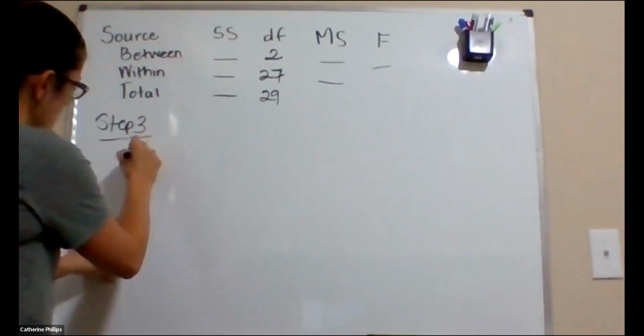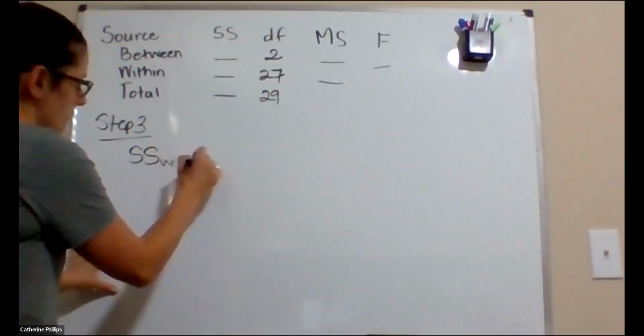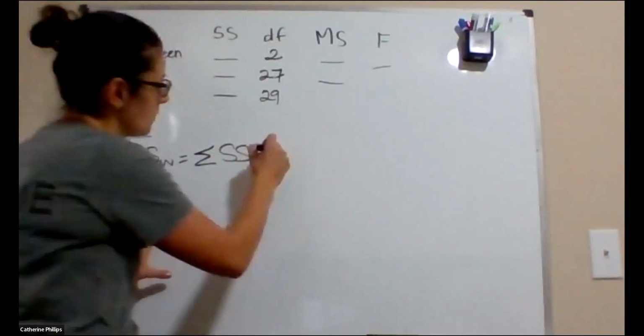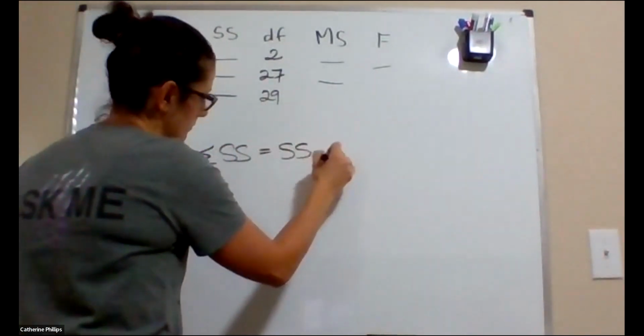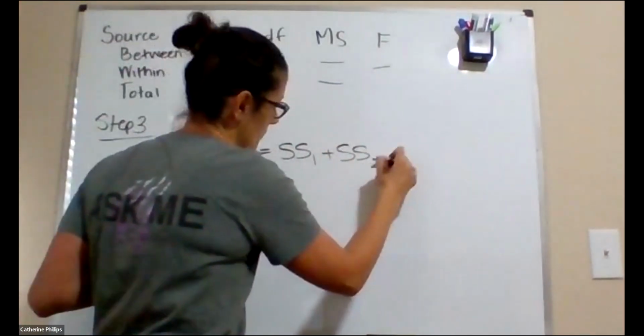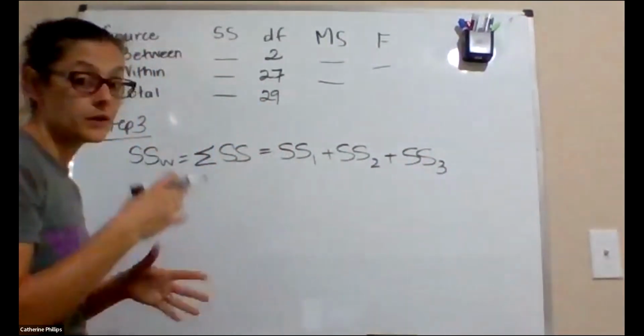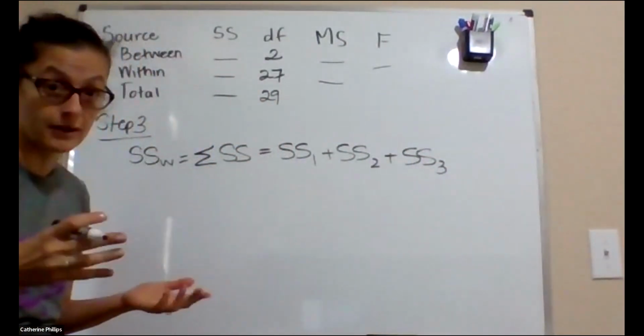So for sum of squares within, that is the sum of the sum of squares. So it is sum of squares 1 plus sum of squares 2 plus sum of squares 3. We don't have the sum of squares, we have s squared.